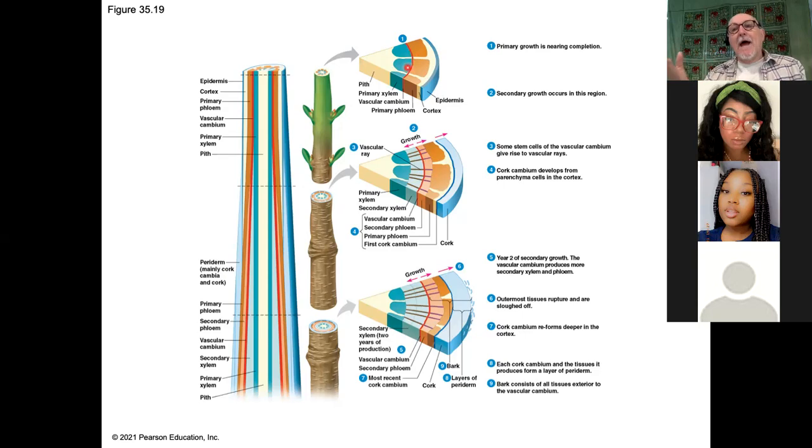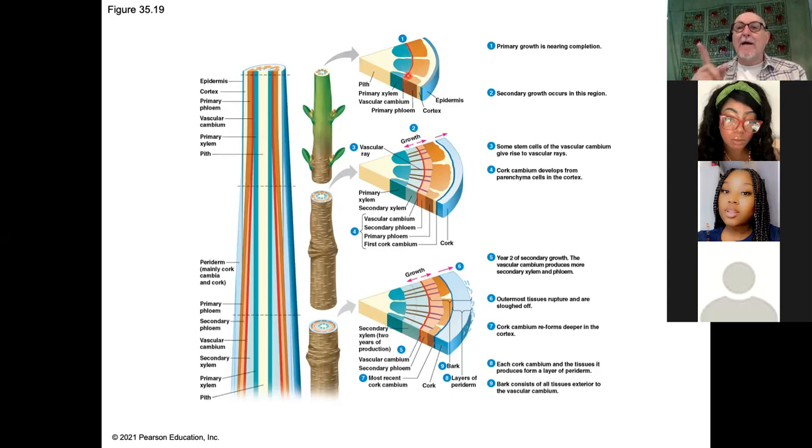However, very soon after that, in the same year and in the same growth spurt, as we go down the stem and it begins to age, we find that this original meristem is replaced by vascular cambium.